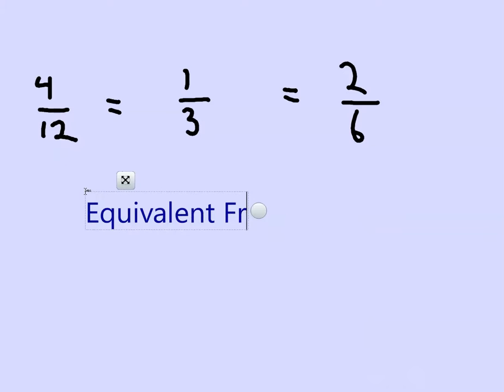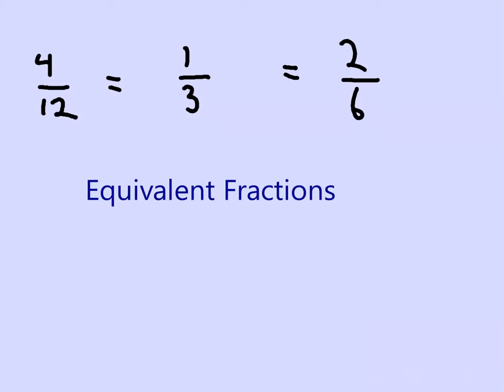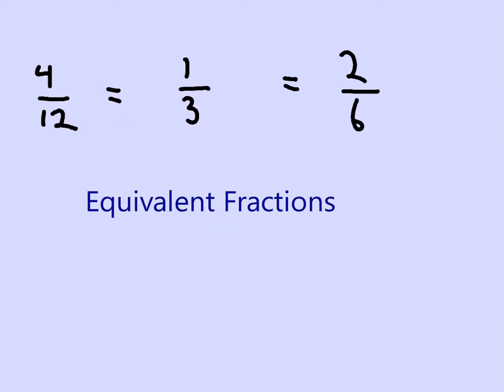Whoops, maybe I should spell it right. Fractions. So each of these fractions is equivalent to the other. And we're going to be spending a bit of time looking at how you tell whether two fractions are equivalent, or how you make one fraction equivalent to another one.